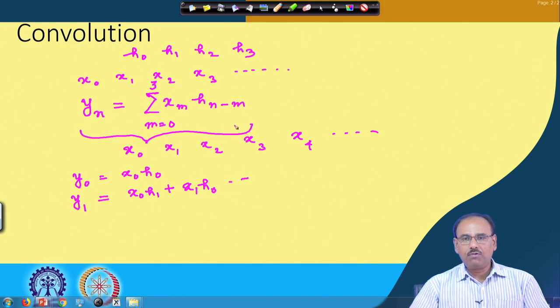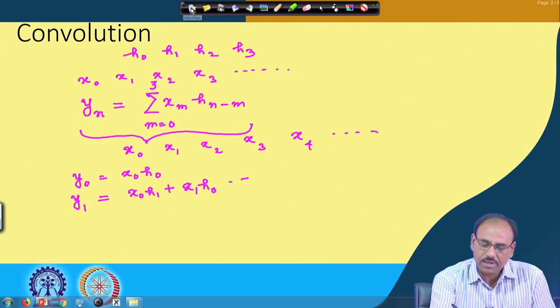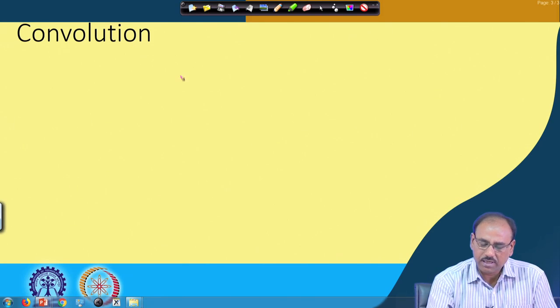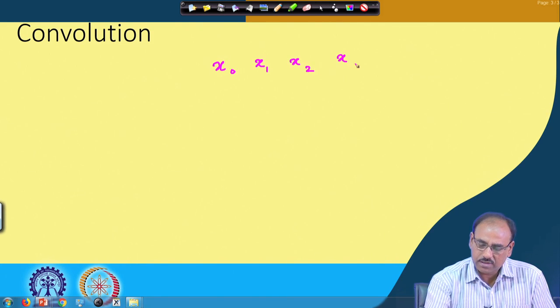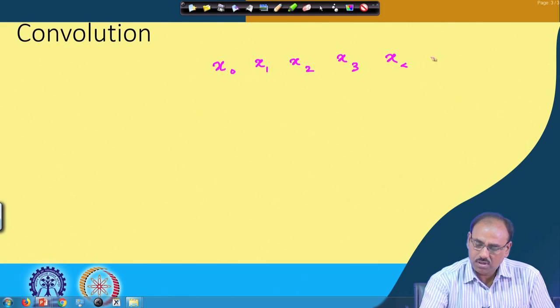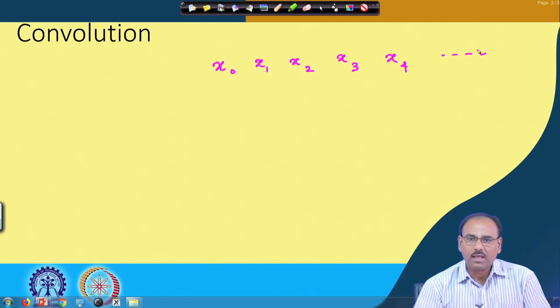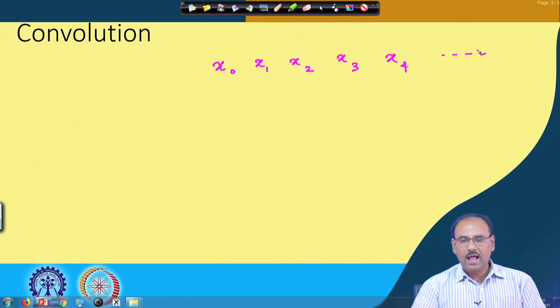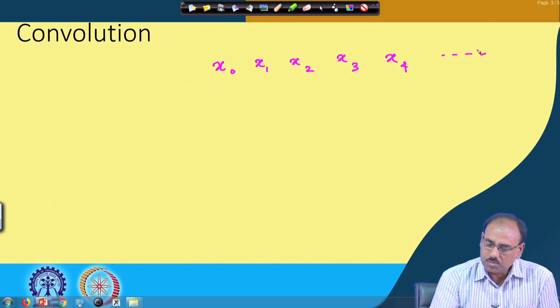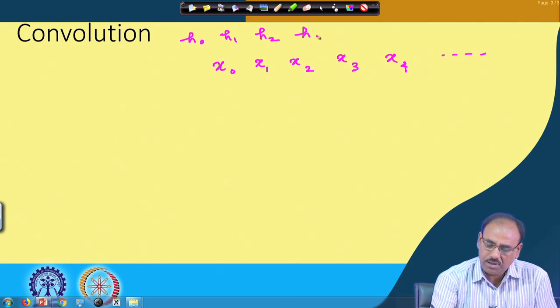When you go for computation of the output, or the convolution operation, the computation is something like this. I assume my input is x0, x1, x2, x3, x4 and so on. It continues this way, and my impulse response is h0, h1, h2 and h3.